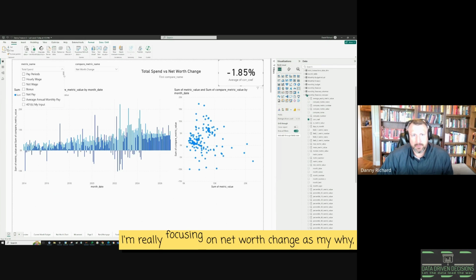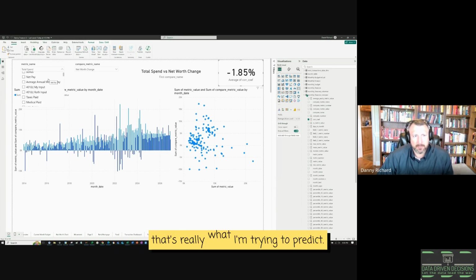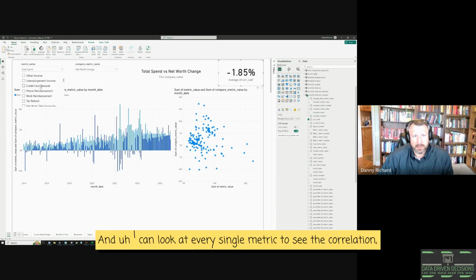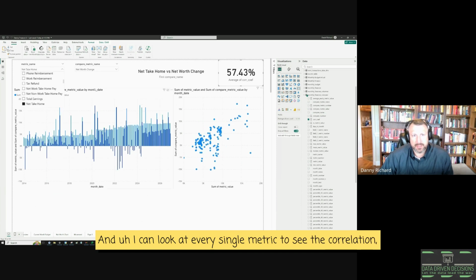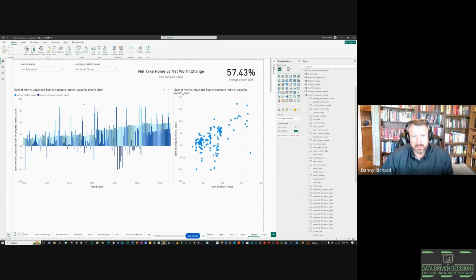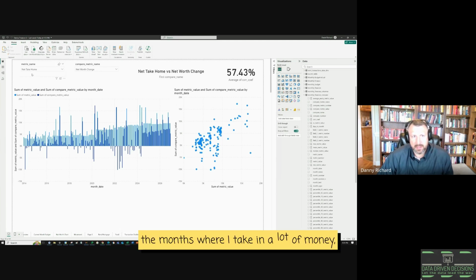I'm really focusing on net worth change as my why. That's really what I'm trying to predict. I'm always trying to just increase my net worth. And I can look at every single metric to see the correlation. Something very high is my net take home compared to my net worth change. The months where I take in a lot of money, my net worth changes a lot.